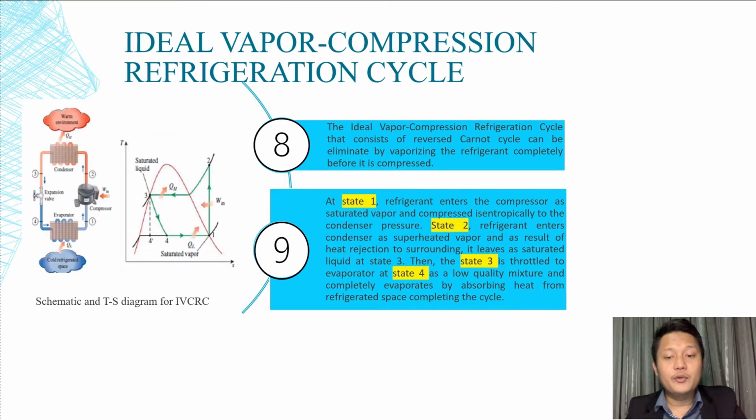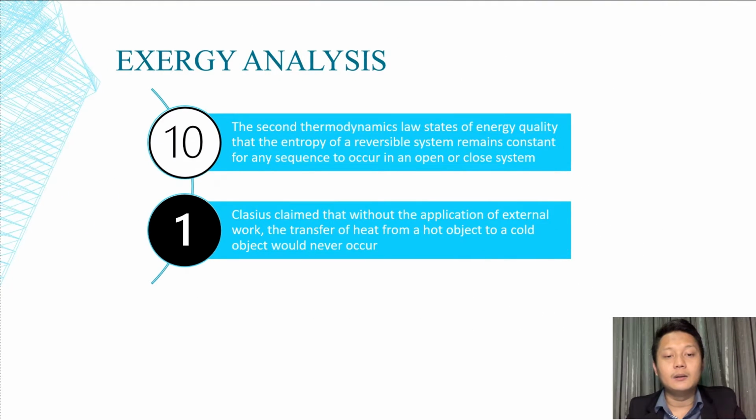State 2, refrigerant enters condenser as superheated vapor and as a result of heat rejection to surrounding, it leaves as saturated liquid at state 3. Then, the state 3 is throttled to evaporator at state 4 as a low-quality mixture and completely evaporates by absorbing heat from refrigerated space, completing the cycle.